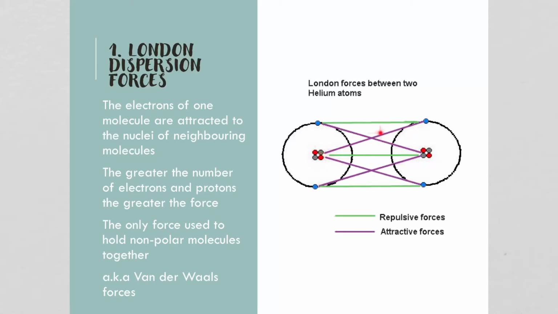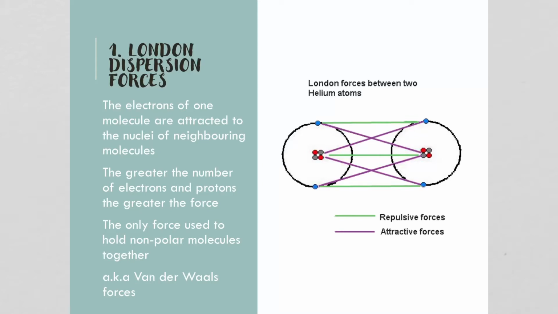So there are attractive forces. But at the same time, there are also some repulsive forces. The electrons themselves will push against each other, and the protons themselves will push against each other. So this force is much weaker than some of the other ones that we're going to learn about.